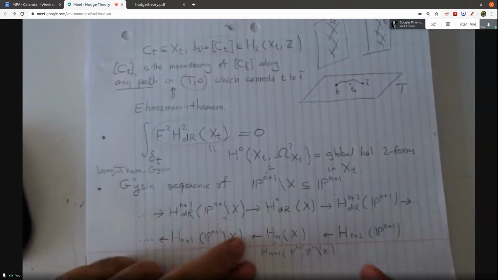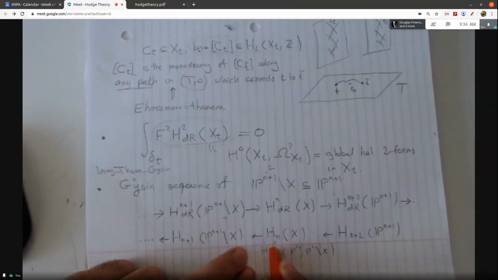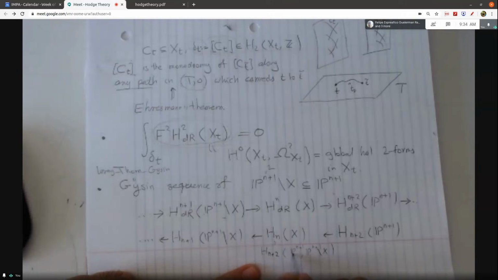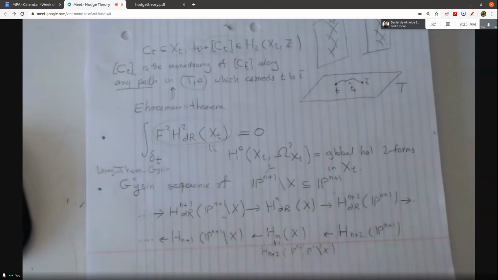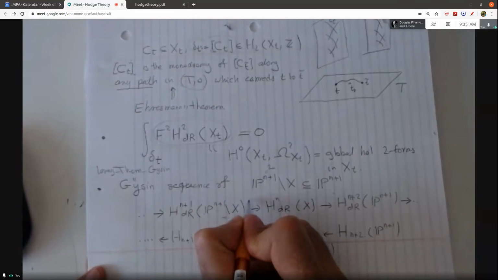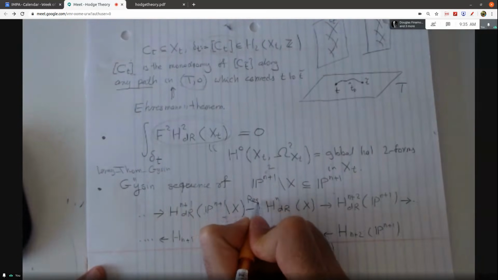Here we have H_{n+2} actually, of P^{n+1} with P^{n+1} minus x as the boundary, and the Leray, Thom, Gysin isomorphism was that this is isomorphic to this one, and then we substitute here, in the same thing in the cohomology. So this we call the residue map.